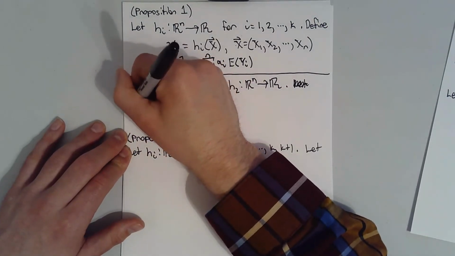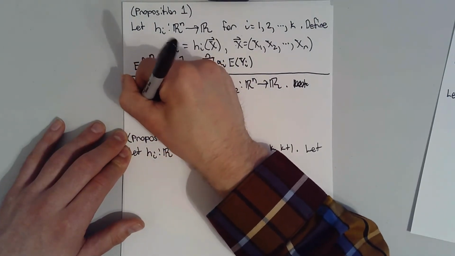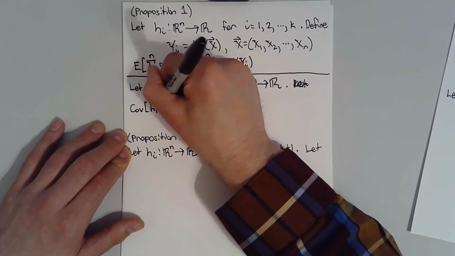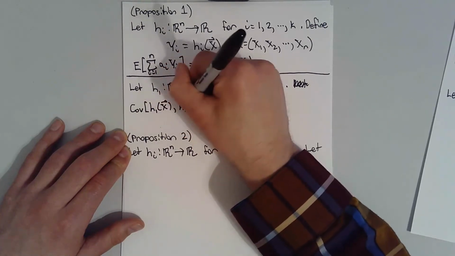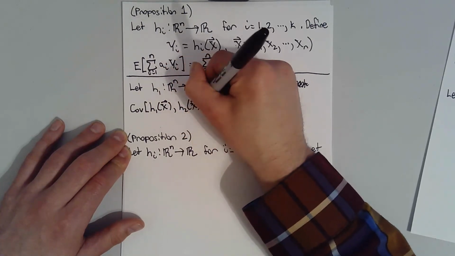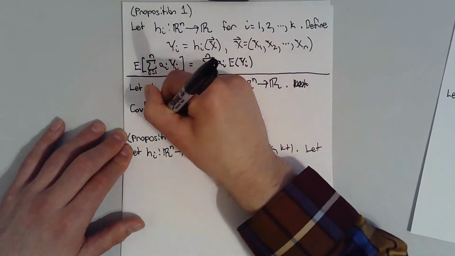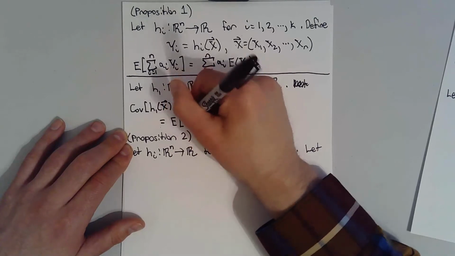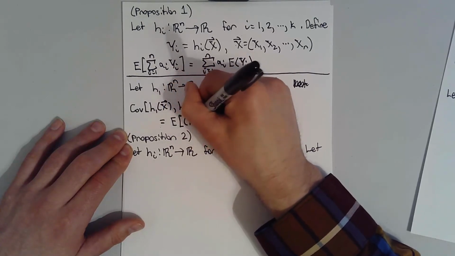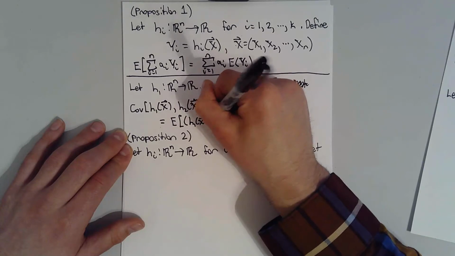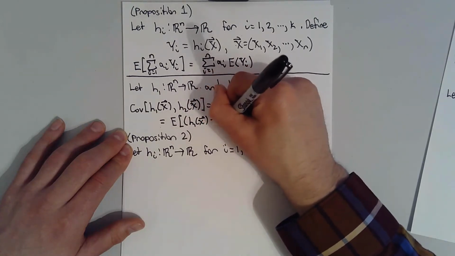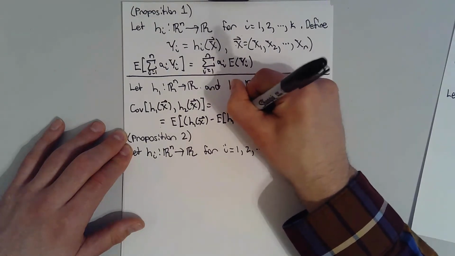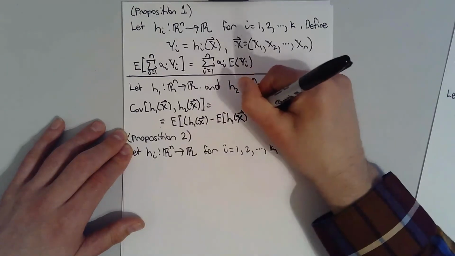The covariance is equal to the expectation. So these are capitals in there.